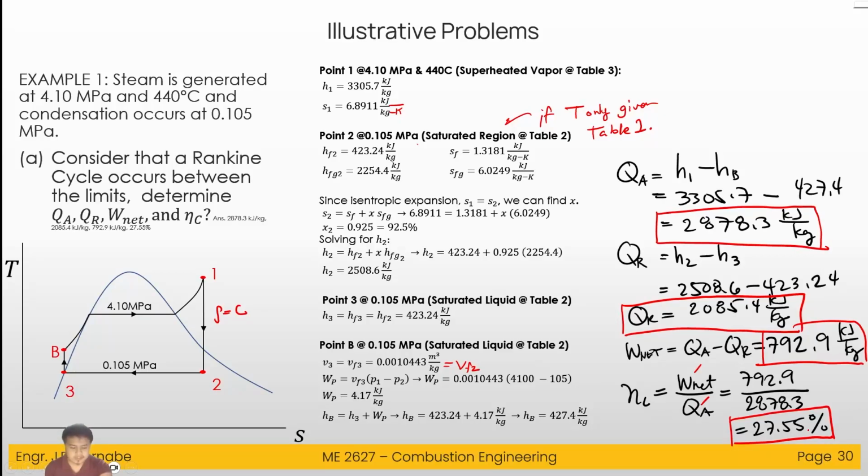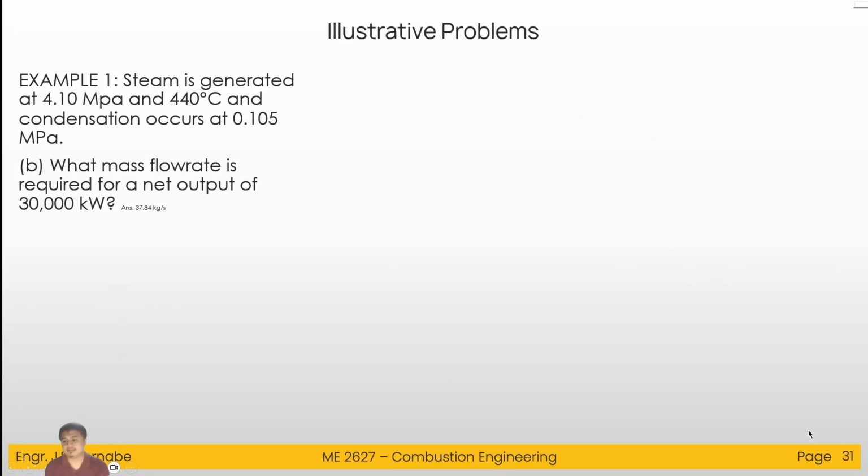All right. So moving on, we have letter B. The same problem. We want to now find the mass flow rate required for the same to have a net output of 30,000 kilowatts. So when we say net output, we're talking about the network now. So to find the mass flow rate, the net power is equal to the network multiplied by the mass flow rate of steam.